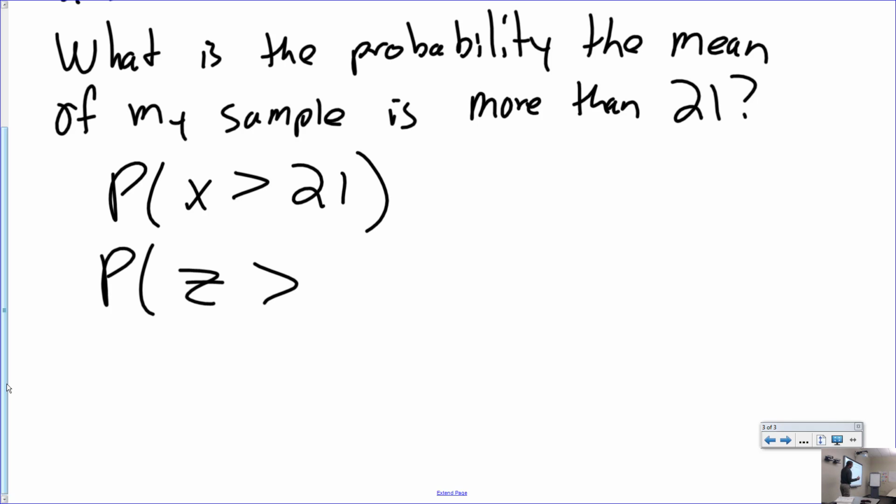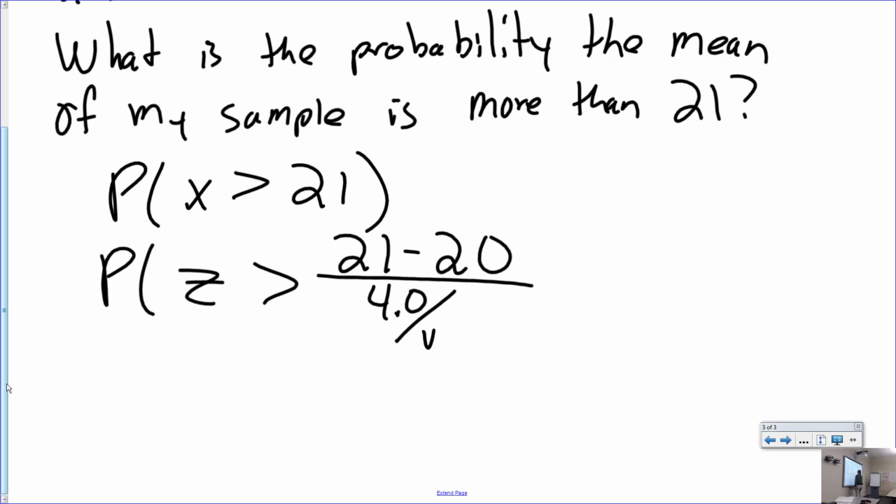Remember, you convert your x's into z's by subtracting the mean and dividing by the standard deviation. And note that if there's a sample, you have to add the sample size into your calculation. And here's that sigma over the square root of n that we did back in 7.1. Same sort of concept, okay?